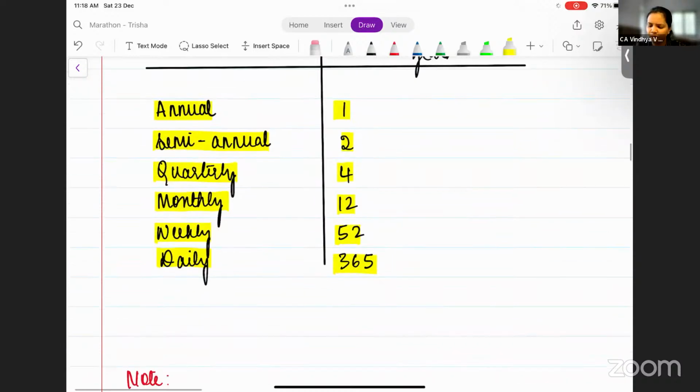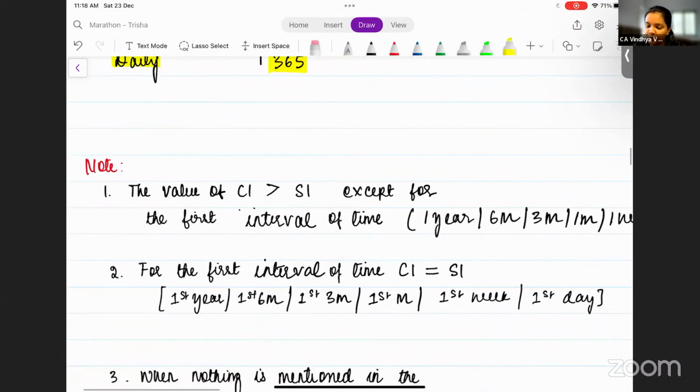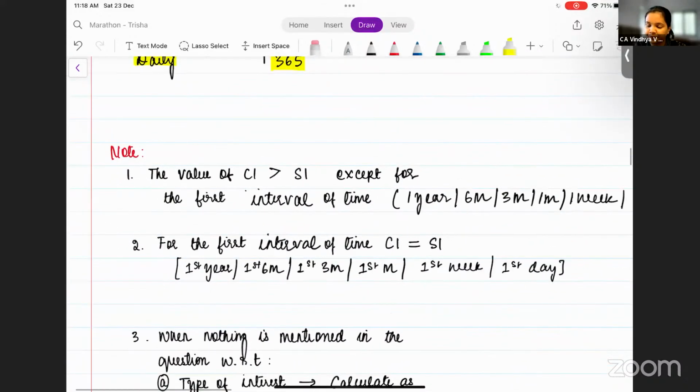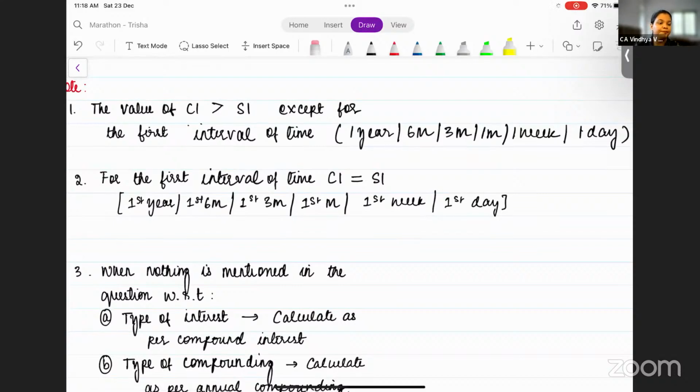Okay. A few notes which we have already discussed, but let's clearly read them. The first one: the value of compound interest is greater than simple interest, correct? In our examples, we saw. But this excludes the first interval of time.